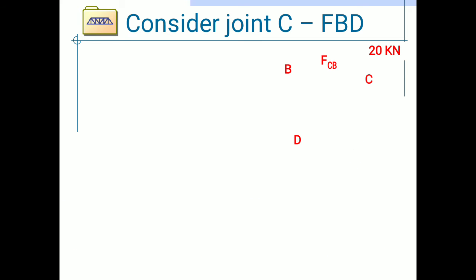Now consider joint C. At joint C, the free body diagram is as shown in the figure. The 20 kN force is acting at joint C. The resolved forces are FCD cos 45 and FCD sin 45.